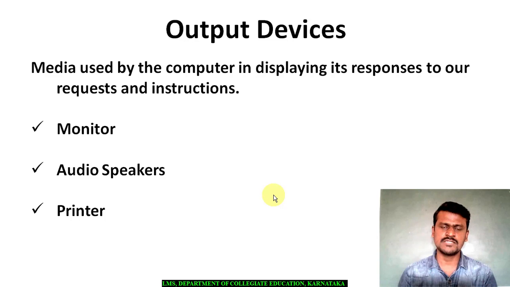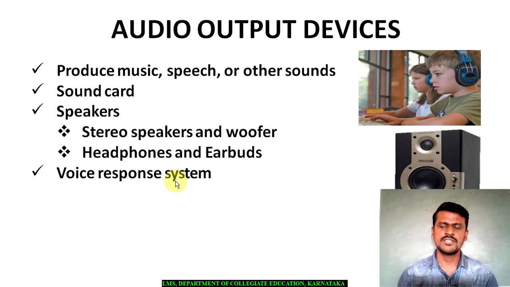In the previous class we saw what output devices are, and out of these three output devices we have already covered the monitors. Now we will start with the audio speakers. Audio speakers are output devices used for listening to music, speeches or any other sounds.